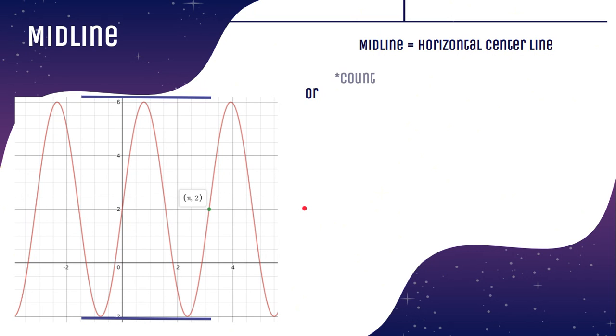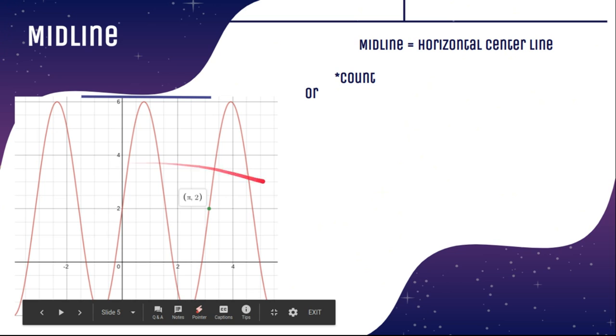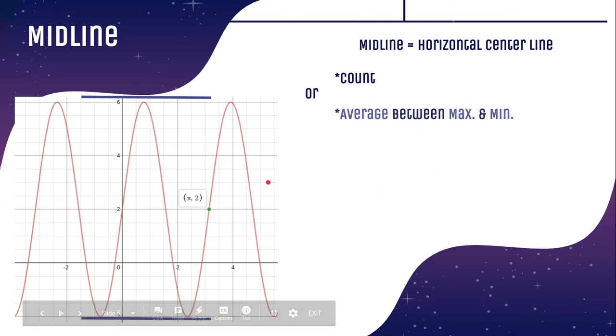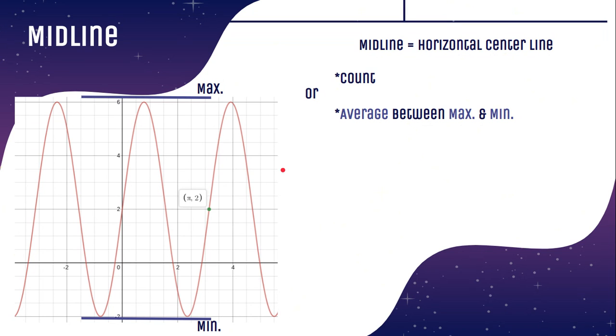It could be from merely counting the units and finding a point on the y-axis to which the units are equal on both sides, or simply adding the y values of the max and the minimum and finding the average of that.